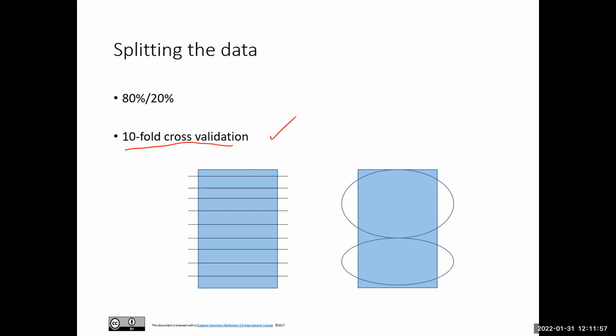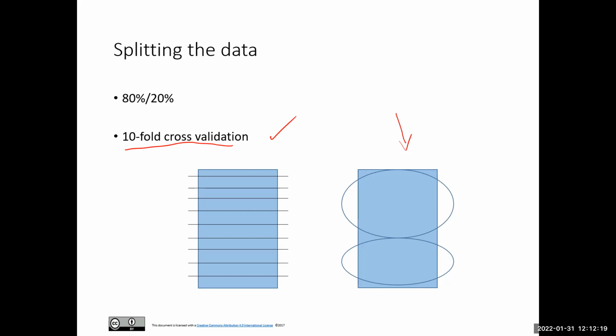So instead of randomizing the data, like in this approach, and taking 70% of it for training, 30% for testing once, what you do is you take your whole data set and divide it into 10 bins, okay? That's where the 10 comes in. Then you iterate through it 10 times.